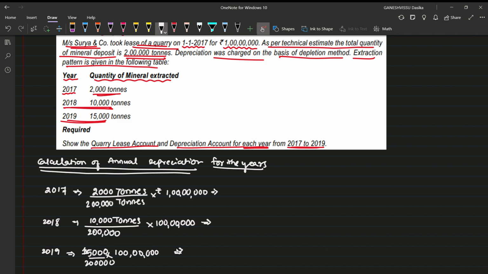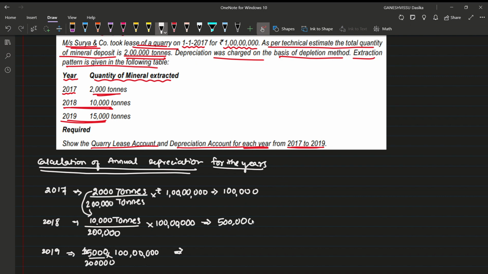Sorry, 1 crore divided by 2 lakhs into 2,000 only, right? So this is 1 lakh. By multiplying 2,000 it is converted into 10,000, that means we multiply by 5, so this would be 5 lakh.